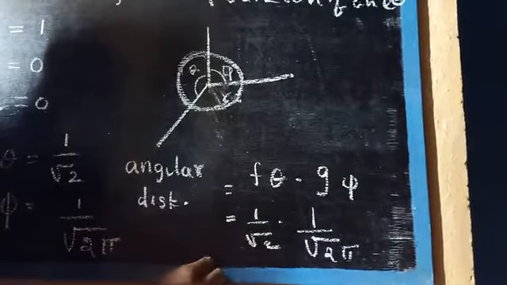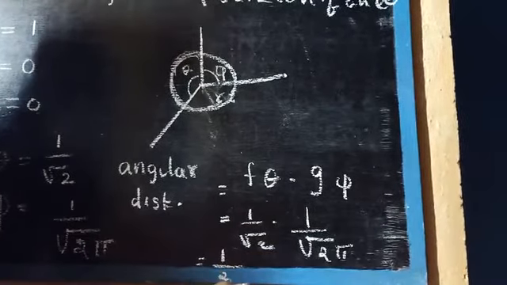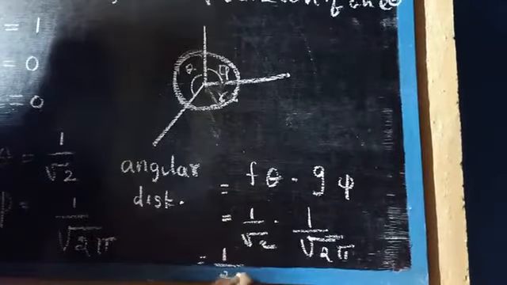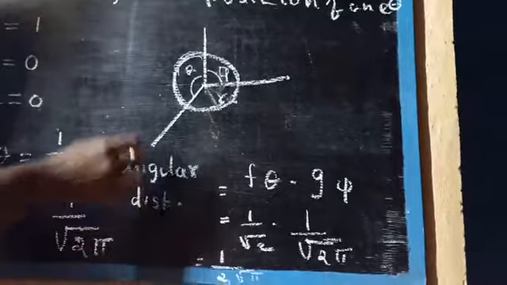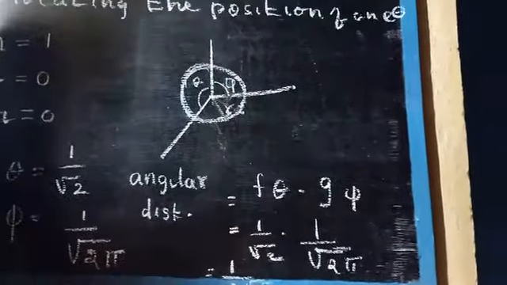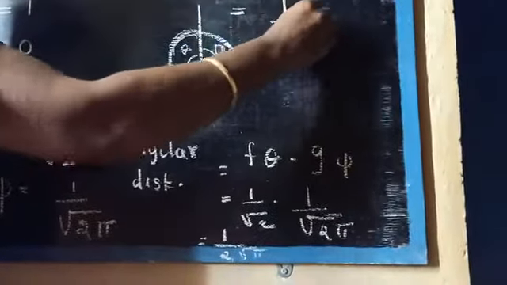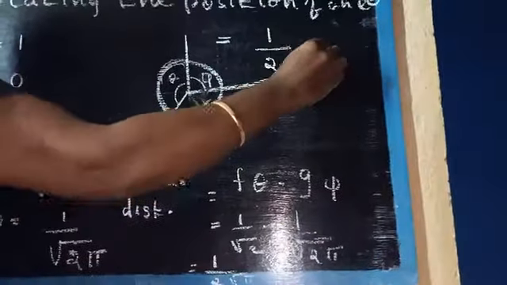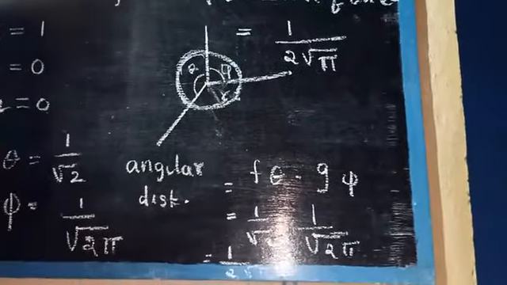Root 2 into root 2 is 2, and we are left with root pi. So the angular distribution value is 1 by 2 root pi. This is the angular distribution function.